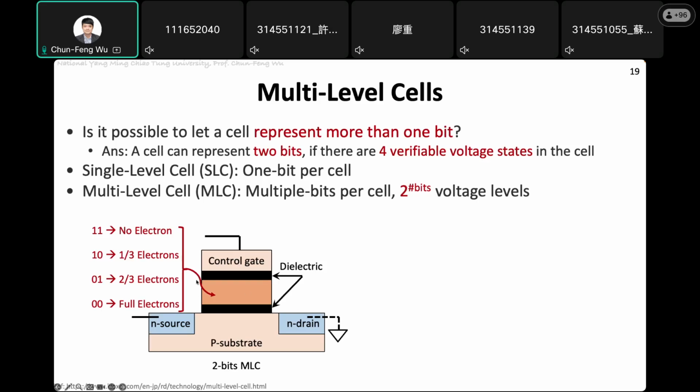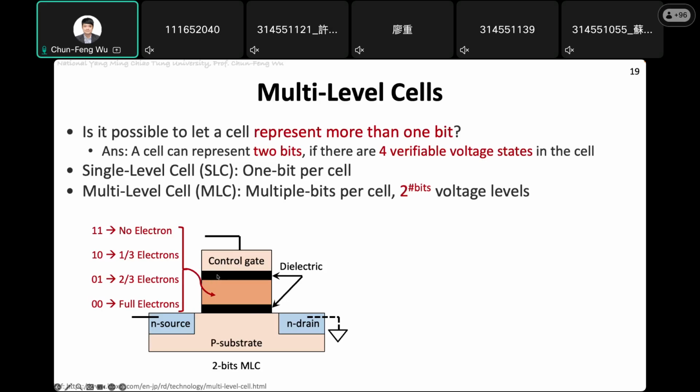There is a very important thing: no matter how many bits you are going to represent, this space is the same size. Because they are using the same size, the good thing is that if you can really represent more bits in the same area, then your capacity will boost a lot.